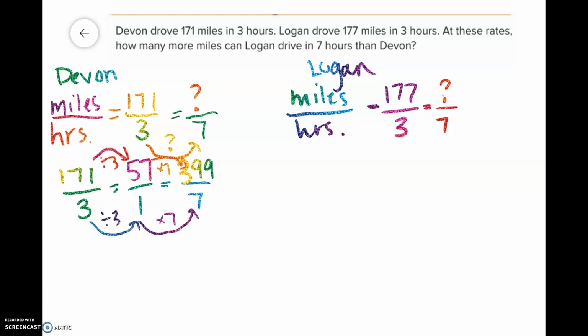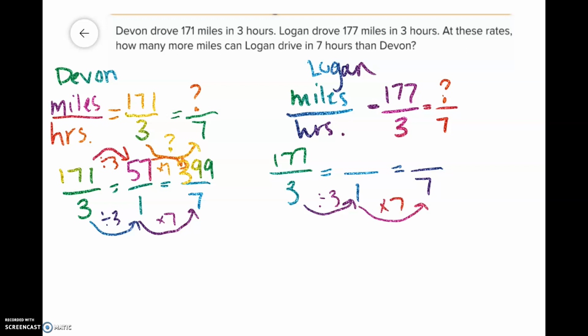So I'm going to do the exact same thing for Logan, except his numbers are slightly different. So for Logan, I know that he's going 177 miles in 3 hours. I'm going to convert that to 1 hour for the unit rate, and then use that unit rate to find how far that is in 7 hours. So exact same path, divide by 3, and then times by 7.